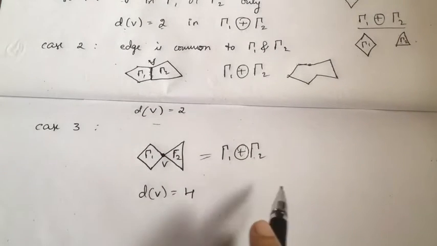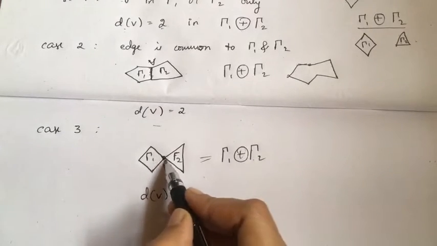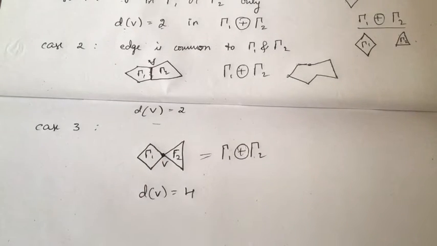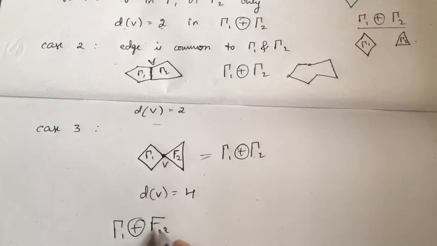Okay. If gamma 1 and gamma 2 just intersect at a vertex V, I am getting degree of vertex as 4. So what I can say, in each case, degree of every vertex in gamma 1 ring sum gamma 2 is even.